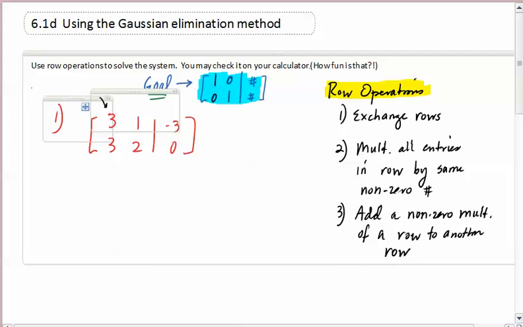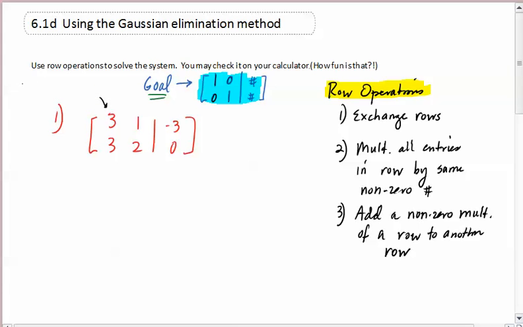So I'm going to use my second rule for row operations, multiply all of the entries in that row by some non-zero number. I'm really just going to multiply by a third. I want that to be a 1, so I'm just going to divide that whole row by 3, which is the same thing as multiplying by a third. So let me show you how we write this.